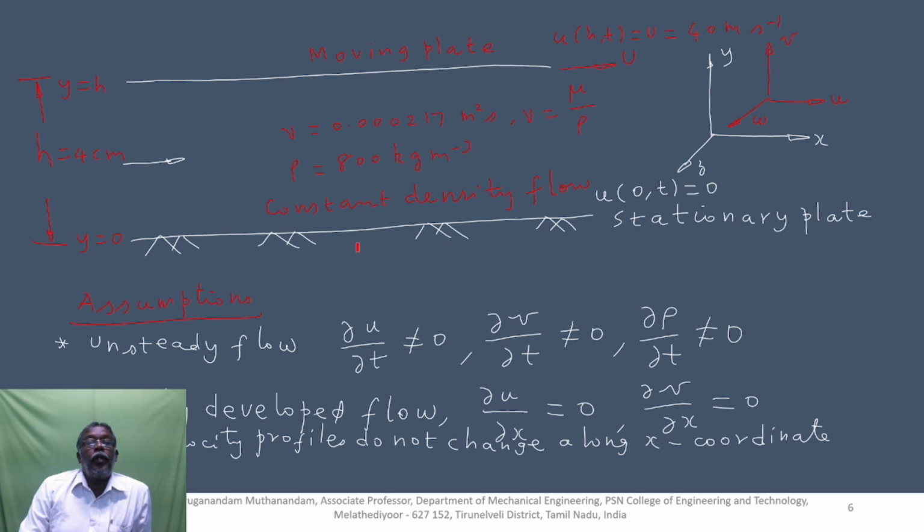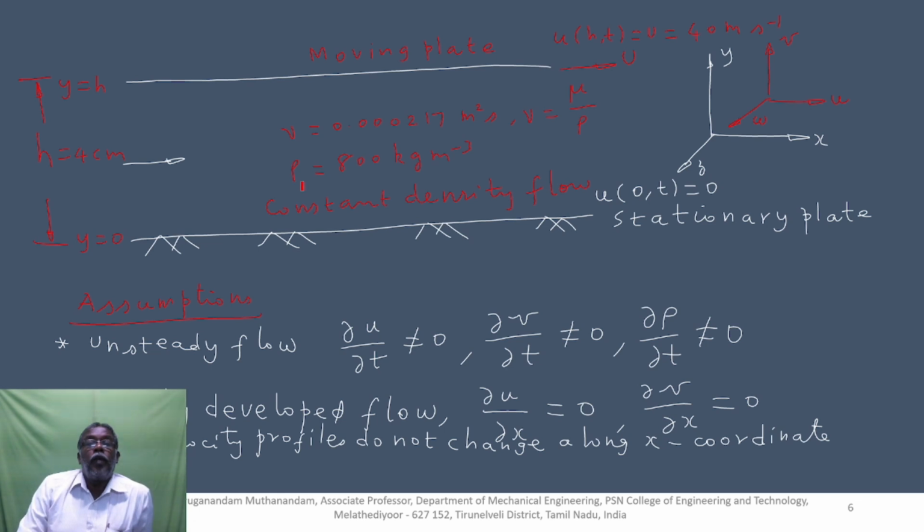In between the bottom plate and the top plate, the thickness of the fluid which is flowing is 4 centimeter, h is 4 centimeter, where y varies from 0 at the bottom plate to y equal to h at the top plate. The fluid has the kinematic viscosity given, which is the ratio of the dynamic viscosity and the density of the fluid.